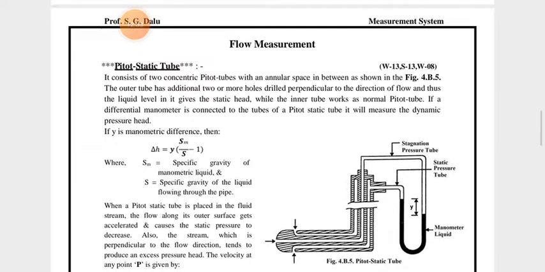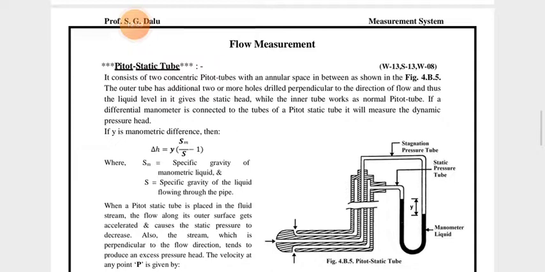The outer tube has additional two or more holes drilled perpendicular to the direction of flow, and thus the liquid level in it gives the static head, while the inner tube works as a normal pitot tube.